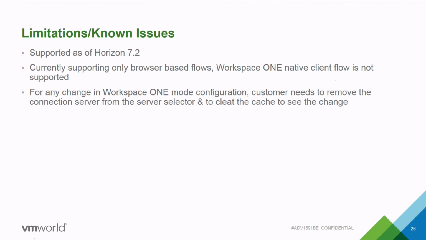I guess we do at the moment. Yeah. So again, we introduced this in Horizon 7.2, so it's only supported from Horizon 7.2 and above. And it's currently supported for the browser-based flow, which means that the native Workspace ONE app doesn't support this yet, but that will probably come in the future, I would say. Sure, absolutely.